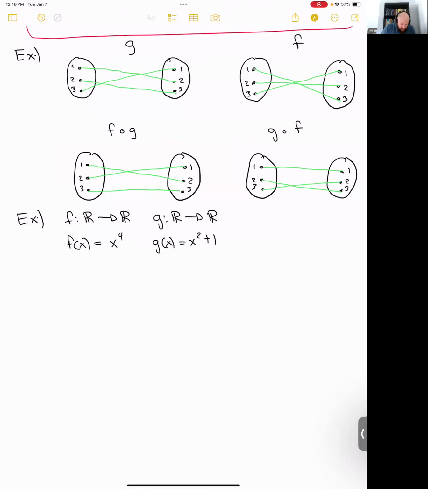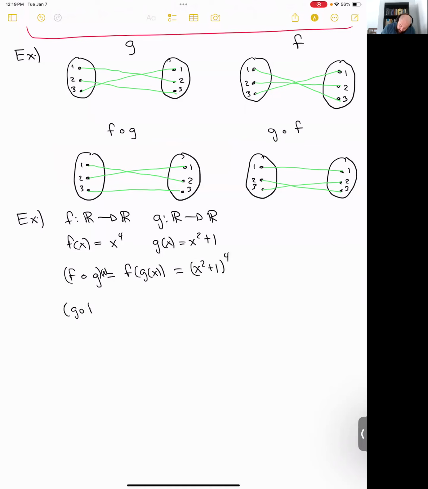Now, this is the kind of thing you generally do in a precalculus class. So you've probably seen this before, but I just want to bring it up in this context to remind you of that. So this is like f and g inside of f like this. And so then that means here we want to take x squared plus 1 and raise it to the fourth power, right? So I should maybe write this like this.